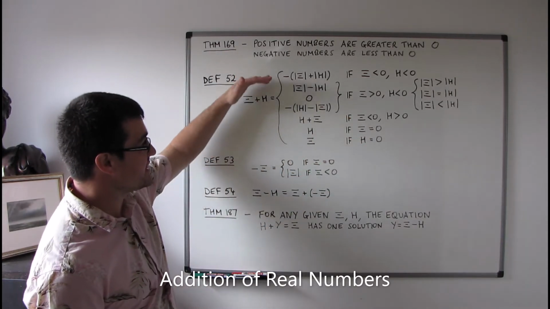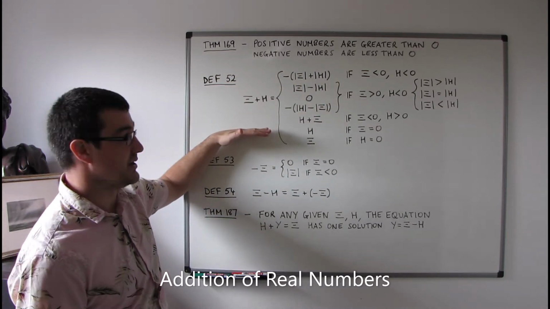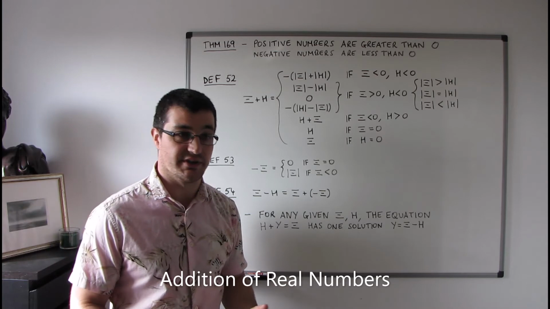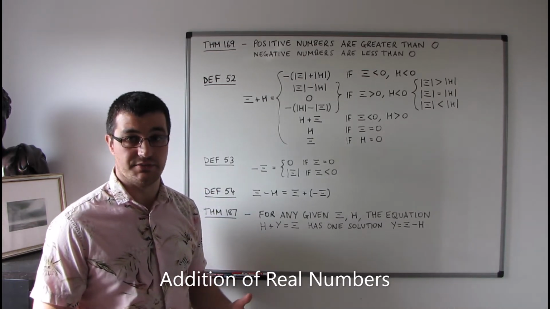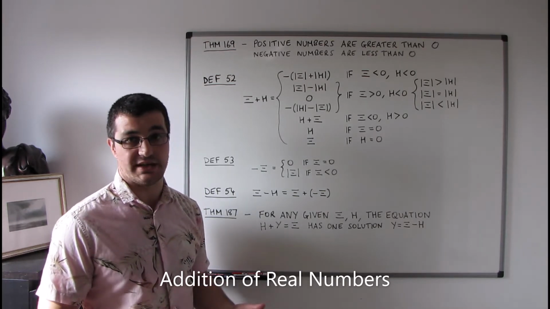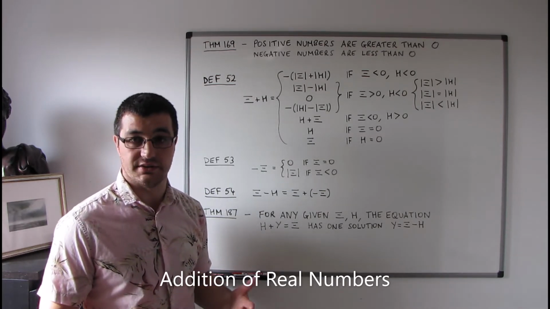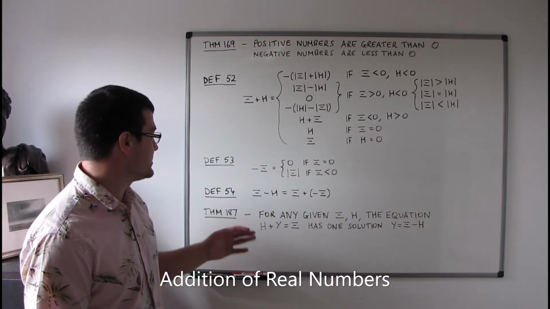And as you can see, there's all sorts of separate cases to consider here. So this is what really contributes to the length of the proofs of some of the theorems. It doesn't make the proofs difficult, it just makes them quite long and tedious and a little bit boring, I guess.